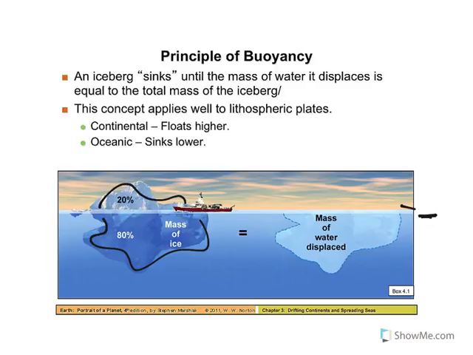You've noticed this, right? If you have a glass of water and say you put an ice cube in it, well, now the water is sitting higher in your glass. That's because you have displaced water, right? The same thing happens with our crust. Our continental plate physically floats higher because it's lighter, right? It's not heavy. Our ocean crust physically sinks lower because it's heavier, so it's actually displacing more of that asthenosphere.